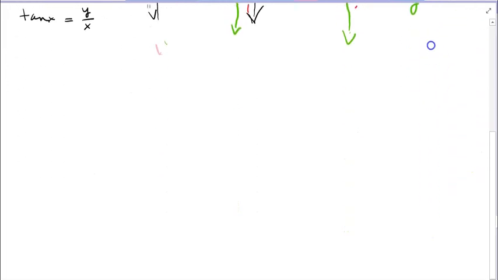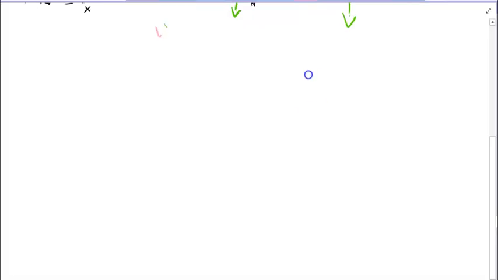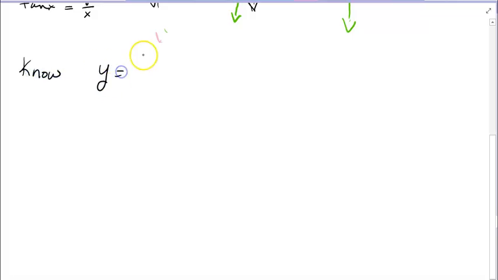So let's try one. Let me show you how we can use those asymptotes. So here it is. What do we know from this? We know that y equals tan x has asymptotes between which the x value goes between negative pi over 2 and pi over 2.